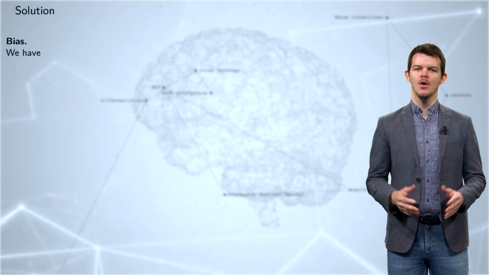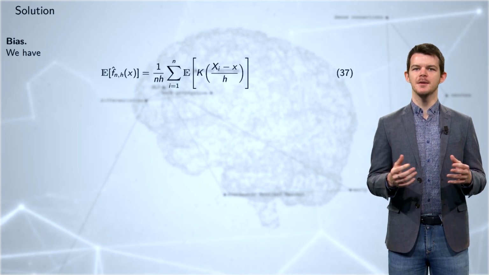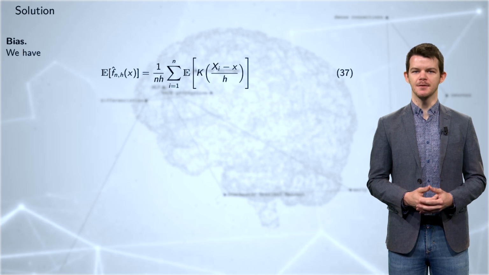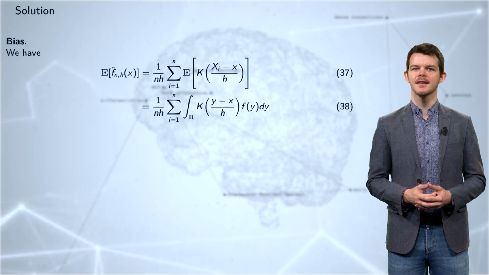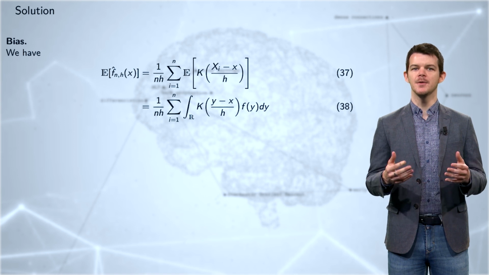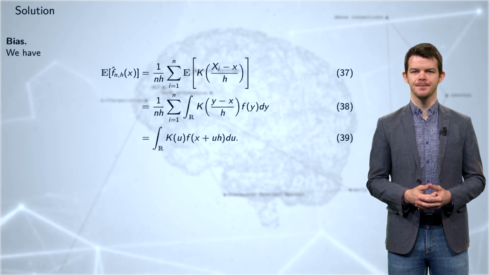As in the previous upper bound, we're going to find upper bounds for the bias and the variance. Combining them will lead us to the result. First, we focus on the bias term. The expectation of the estimate is given in equation 37. By definition of the integral, since x has a density f, and by doing a change of variables, we obtain equation 39.